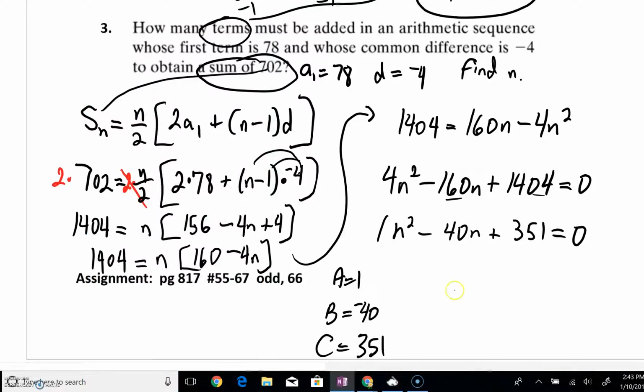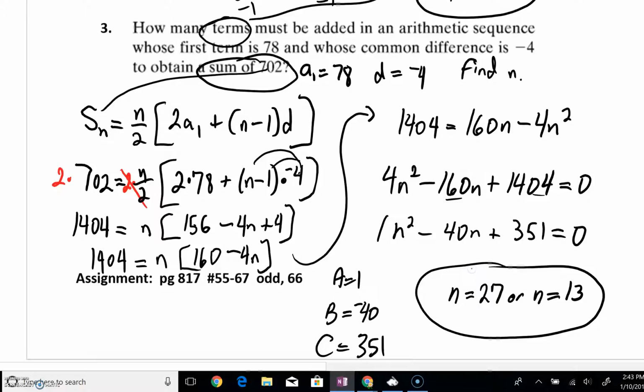Surprisingly, there are 2 possibilities for this to happen. n could equal 27, or n could equal 13. That is a real possibility. We could see that as we are adding this common difference, perhaps there will be 2 times when our sum will actually arrive at 702. Best of luck to you.